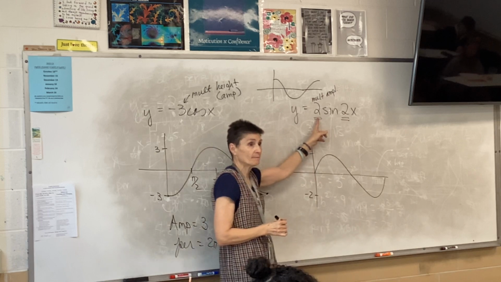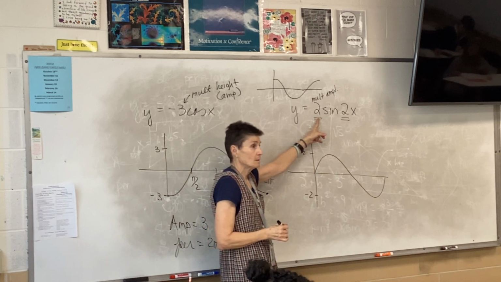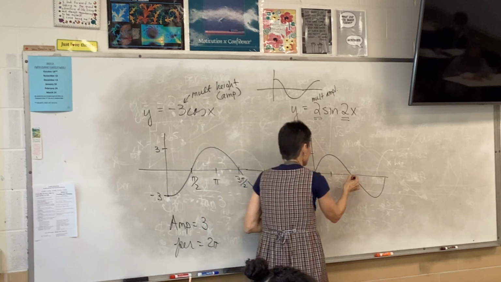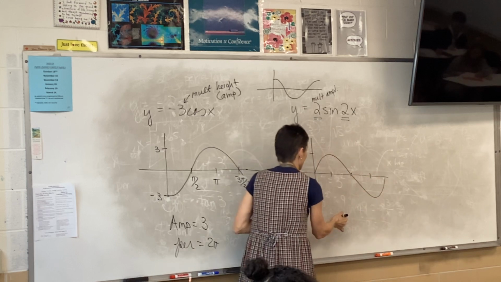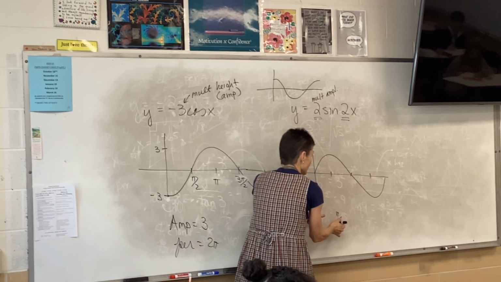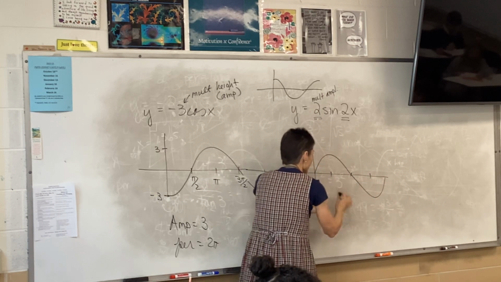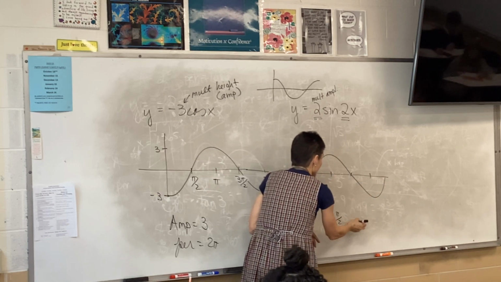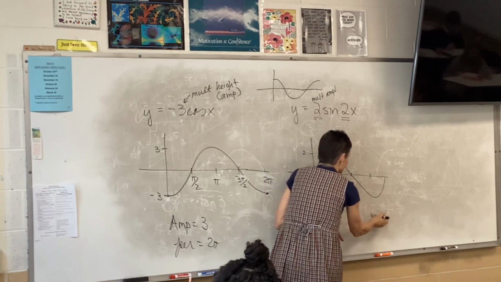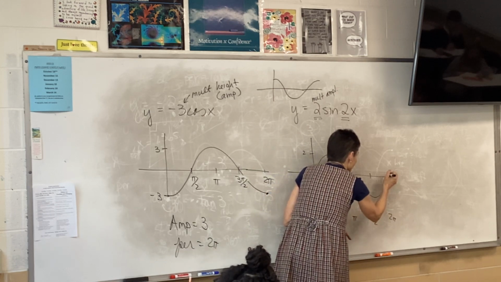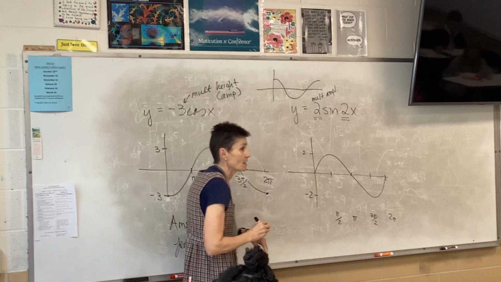Everybody okay with that? Now, just like with the cosine, the normal labels, and I'm going to write them down here. I'm going to put my final answer up here in my picture, but my normal labels are pi over 2, pi, 3 pi over 2, and 2 pi. Those are the normal labels for sine and cosine.